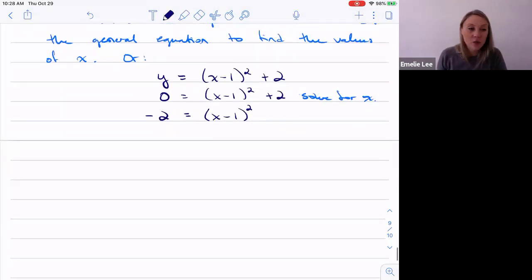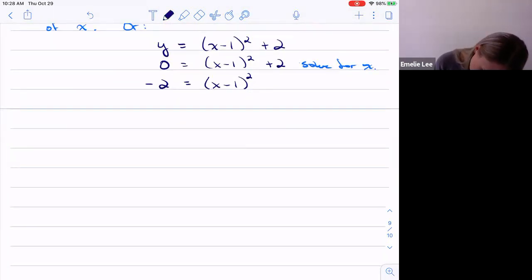To undo that square, I have to take the square root. Hold up, square root of a negative number, we can't do that. And so there are no x-intercepts. The square root of negative 2 is x minus 1. Maybe I'll use red.